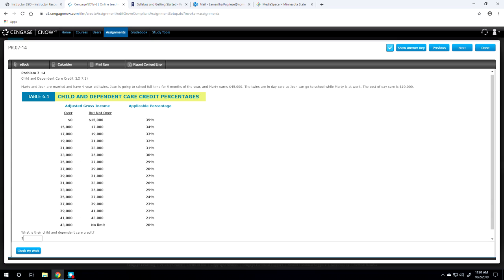They definitely don't get to use the full $10,000 because that's above the $6,000 threshold anyway. So if we take that $4,500 times 20%, because their adjusted gross income is down here at the bottom, it's more than $43,000 for them as a couple, we have to use 20%. So here we're going to use that $4,500 times 20%, which is $900.